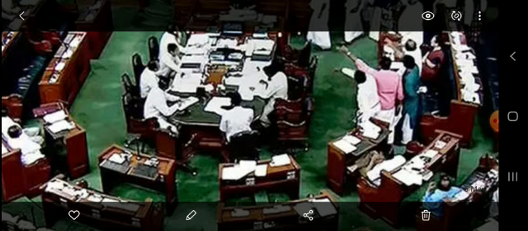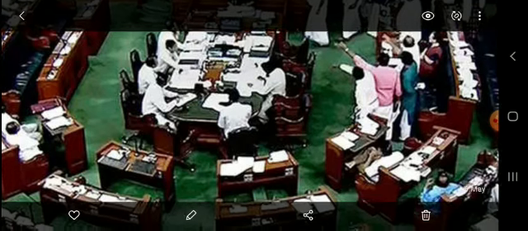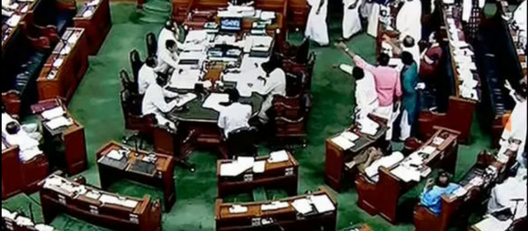Okay. Next we'll see what is universal adult franchise. Universal adult franchise means every citizen of India who has attained the age of 18 years and whose name is registered in the voter list can cast their vote.